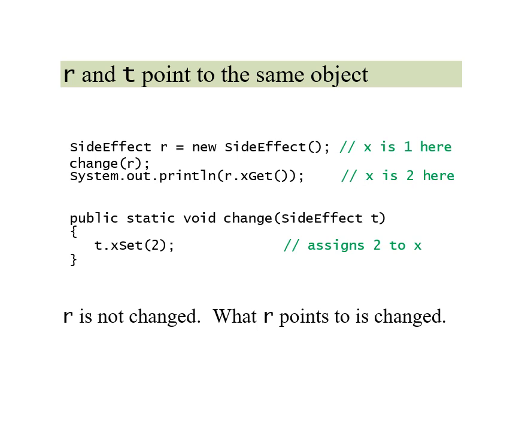And then when we call xset, the xset in the object to which T points, that of course is the xset in the object to which R points, because R and T point to the same object. So that's going to change the x instance variable in the object to which R points. So we're not changing R, but we're changing what R points to.